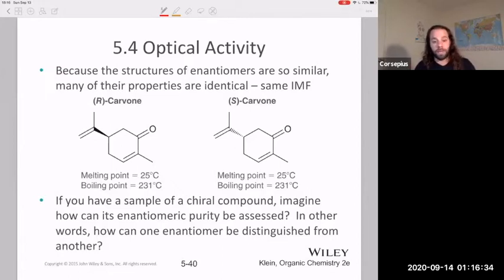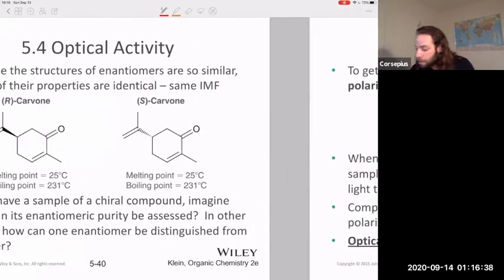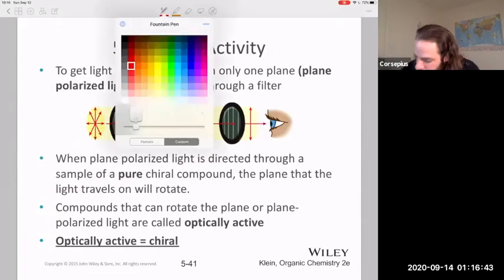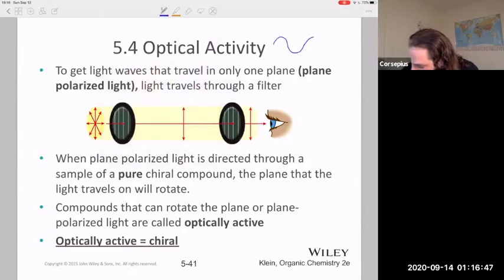One of the things that we can use is this idea of optical activity, okay? So first of all, we've got to talk about light for a hot second. Light is made up of waves, right? You have electromagnetic waves, which is what a photon is. It's an oscillating electromagnetic field.